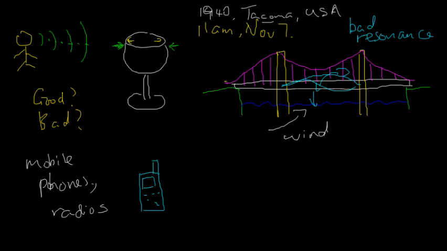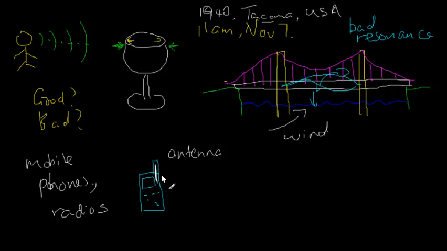Mobile phones and radios have antennas. Now, an antenna is a short piece of metal which is inside either the mobile phone or the radio.